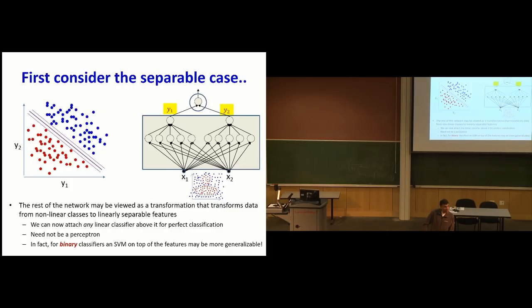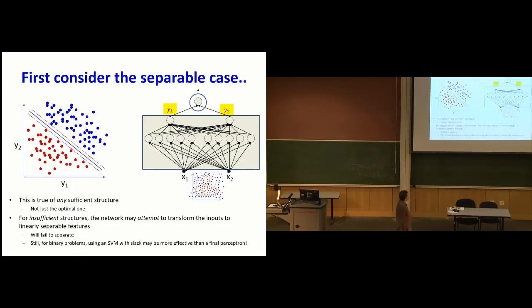This structure is not sufficient. What would happen in this scenario? Or what if I had too many parameters? Something like this, over-parameterized. What would happen in this scenario?